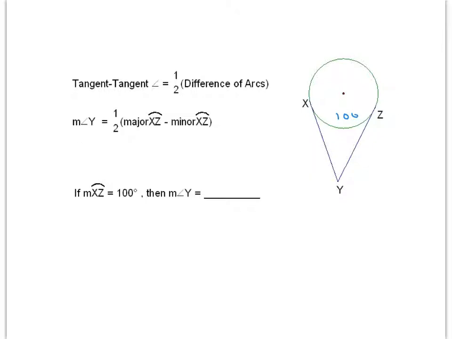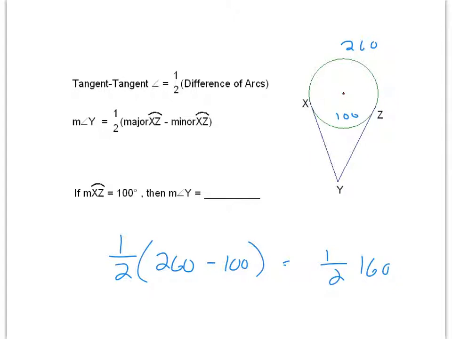That means that the major arc must be 360 minus 100, which is 260, because the total circle has to add up to 360. So now my angle is going to equal 1/2 the difference of my arcs, 260 minus 100. 260 minus 100 is equal to 160. 1/2 of 160 is equal to 80. Measure of angle y is equal to 80.